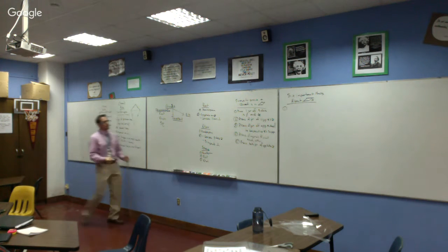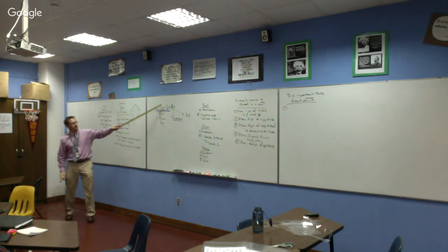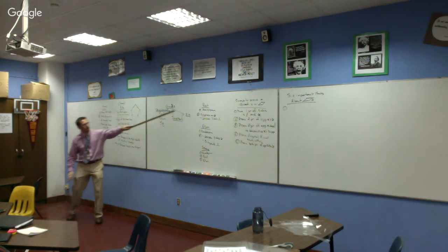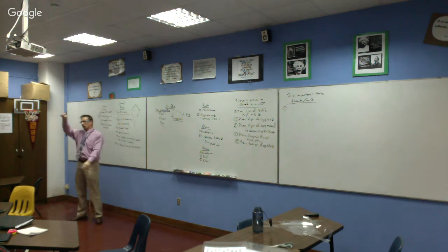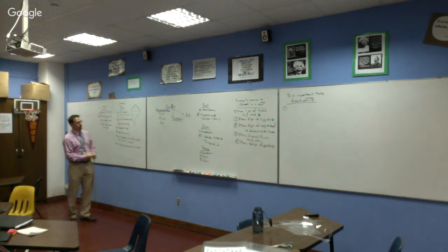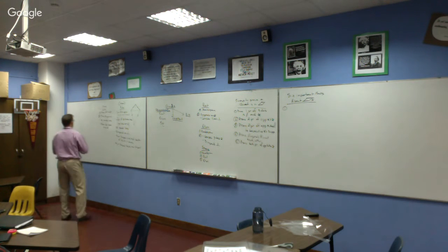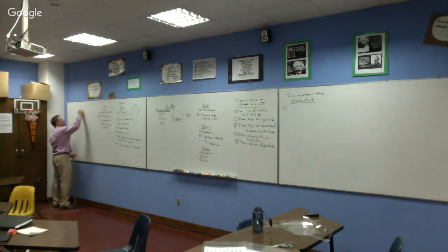All right. So now we've got quadrilaterals, parallelograms, and kites done. So we've got one final check: trapezoid. Okay? Trapezoid. What do we know about a trapezoid?